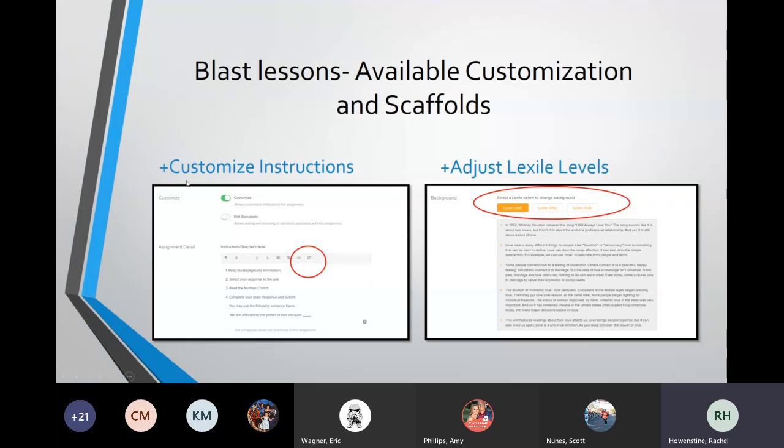In addition to customizing the instructions, you can also adjust the Lexile levels. When you first set the blast, when you first assign it, it's automatically set to that middle level. However, you can either choose to give it to students at a lower Lexile level, or if you have on the user tab set those appropriate scaffolds, then students will automatically receive the blast at their appropriate Lexile level.